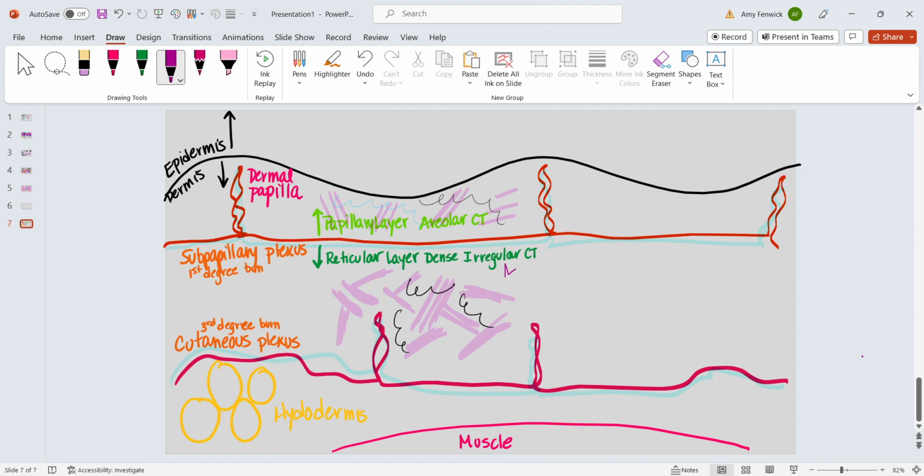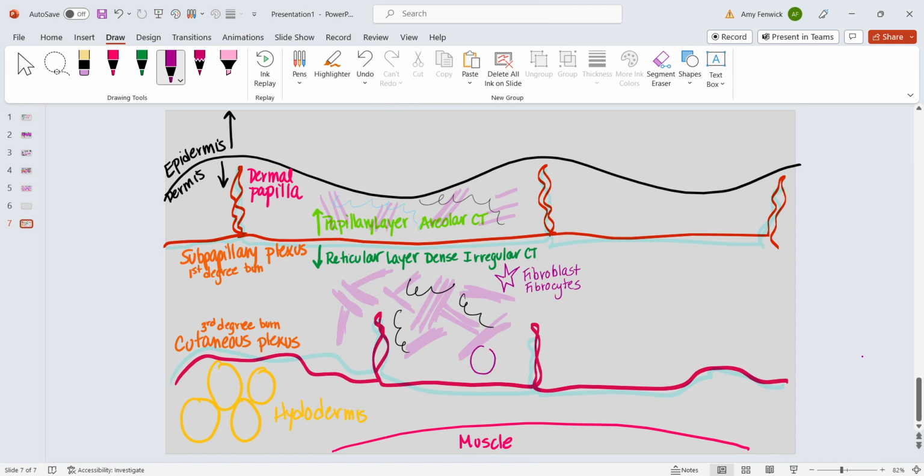The most common type of cell that you'll see in dense irregular are kind of star-shaped, and they're called fibroblasts, which make the collagen and elastin fibers. Once they start to switch over to not making but maintaining them, we call them fibrocytes.